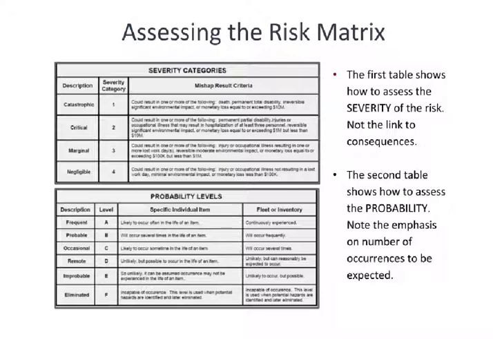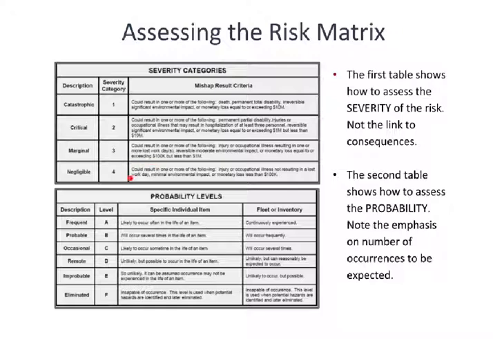The top table is focusing on severity. Note the link to consequences. (Sorry, typo in the slides. I'll try to fix that in the future.) We're going to look at the consequences of the risk event happening in order to determine the severity score.